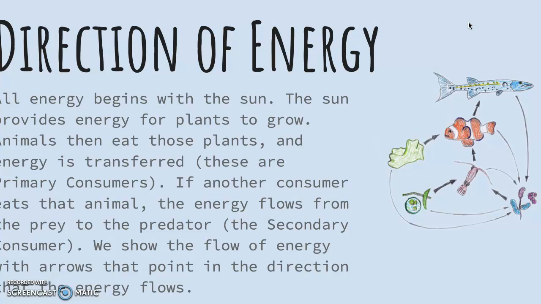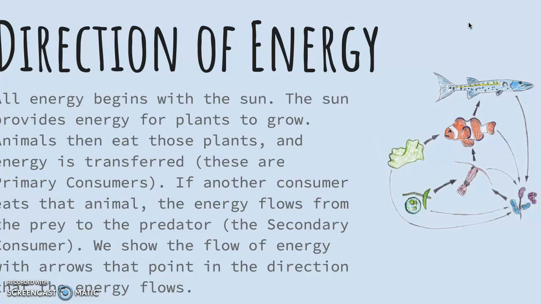I'm not sure what that's supposed to be, but it looks like a plant and an animal both. So it looks like the clownfish is an omnivore in this model, and then the clownfish is consumed by that larger fish. If another consumer eats that animal, in this case the clownfish, the energy flows from the prey, clownfish, to the predator, the larger fish, which is the secondary consumer.